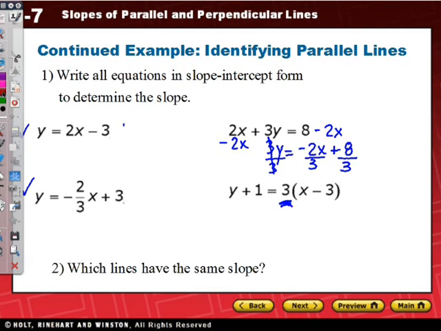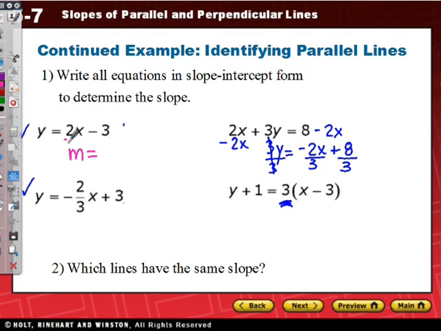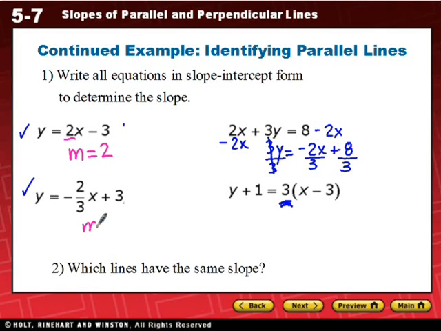So let's figure out what the slope of each of these lines is. Here we have a slope of 2. Here we have a slope of negative 2/3. Here I have a slope of negative 2/3. And here I have a slope of 3. So which lines are parallel? Which lines have the same slope?